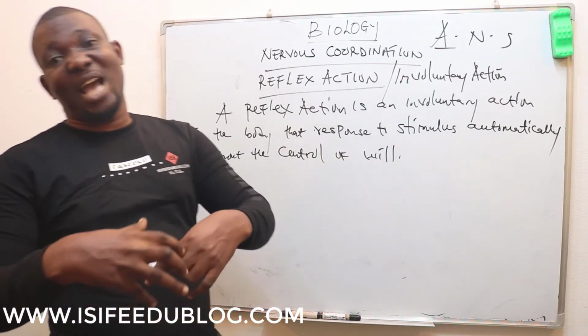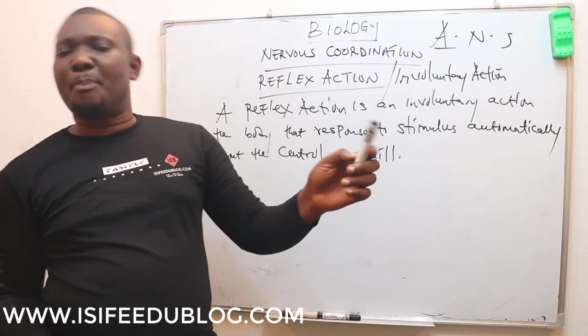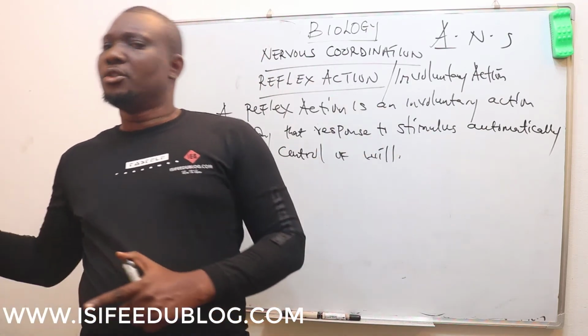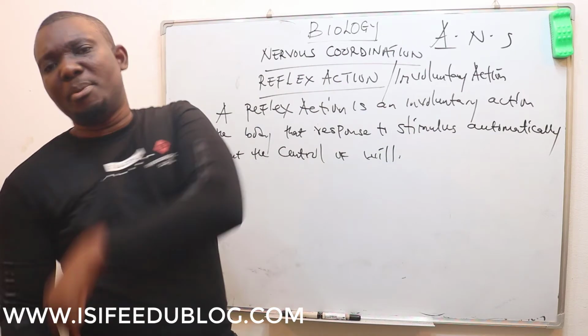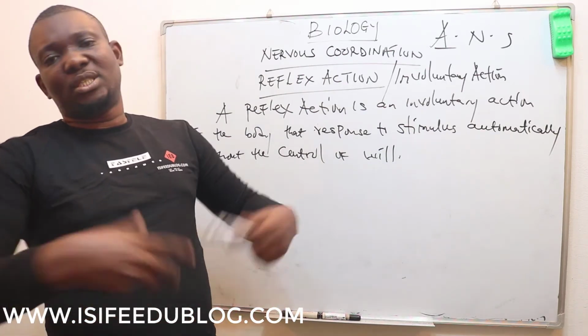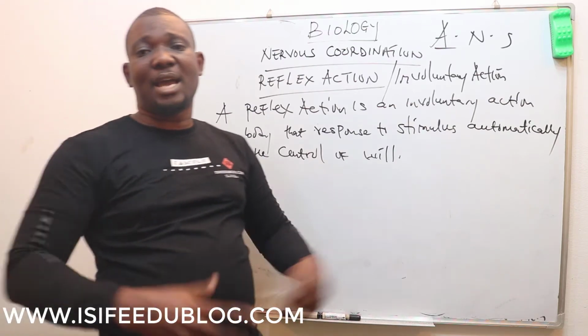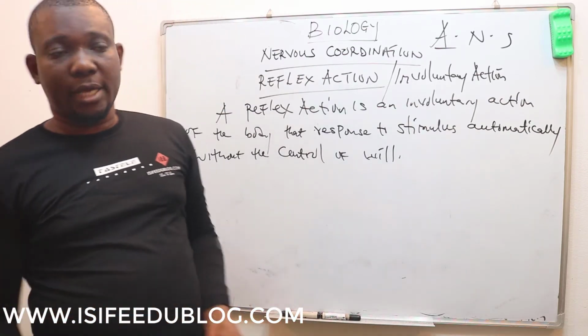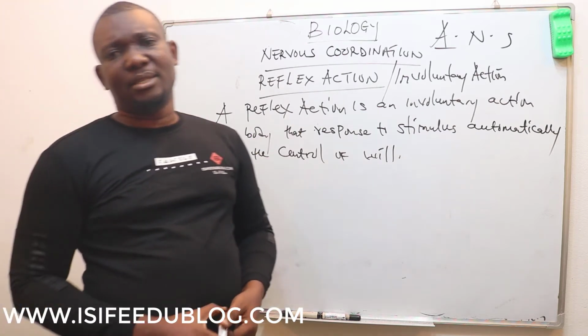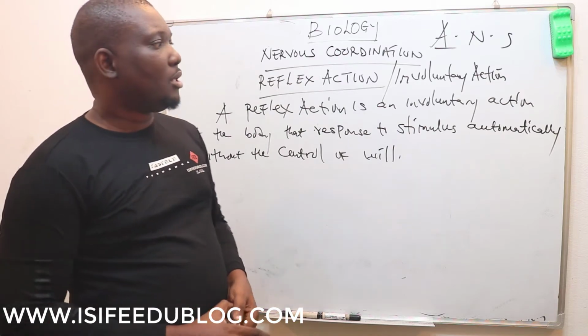You can see that the responses are too fast, but before the responses are achieved, information is passed to and fro to the spinal cord before coming back to the effector, where those effects are exerted on the target organ. We're going to be looking at the structure of a simple reflex action.